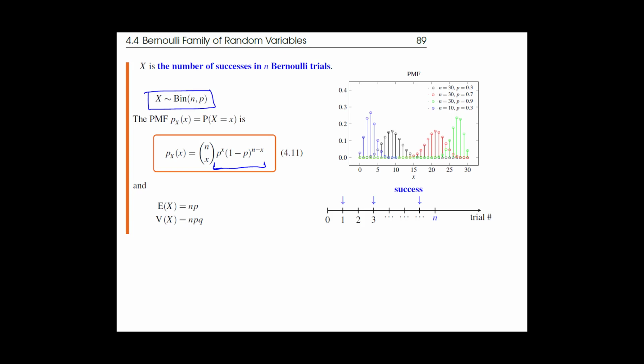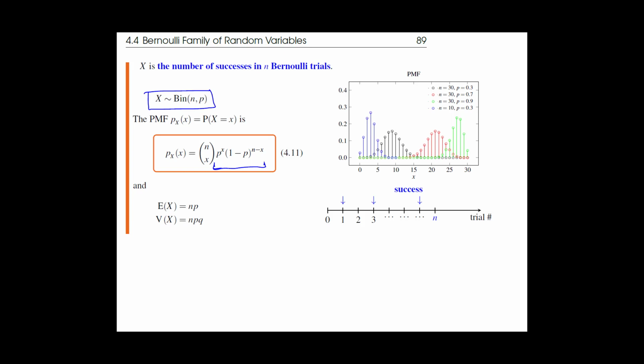And here we're using the multiplication rule for independent events, right? These events are independent because Bernoulli trials are independent, right? The result of one does not affect the result of the next one. And then the event that we're looking at here is having X successes and n minus X failures. And that's the probability of having such an event.